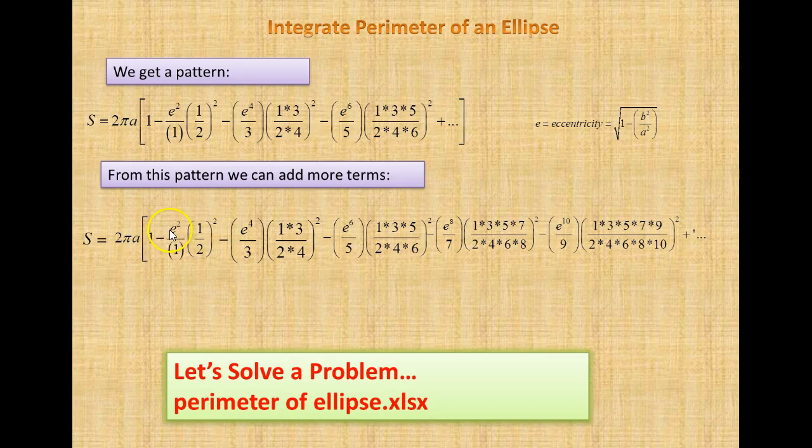Over the e, we have e squared, e to the 4th, e to the 6th, e to the 8th, e to the 10th. Beneath the e, we have 1, 3, 5, 7, 9. You get the picture? Okay. That's the pattern. Let's solve a problem.